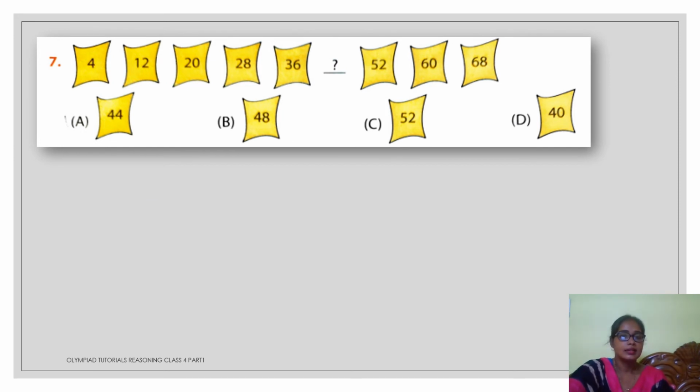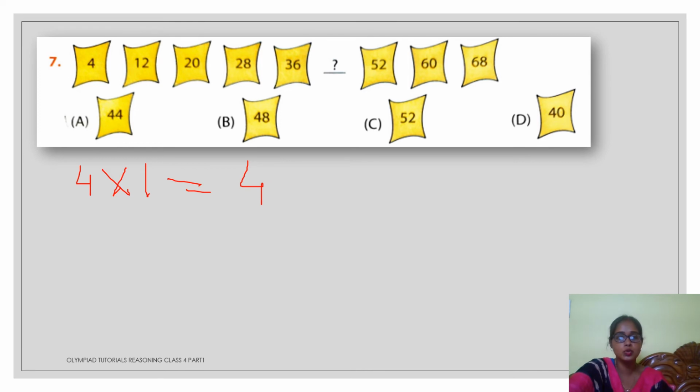Here you can see this series, even this is a quite interesting series. Here you have 4, 12, 20, 28, 36, 52, 60 and 68. Just by observing the first few multiples, 4 ones are 4.